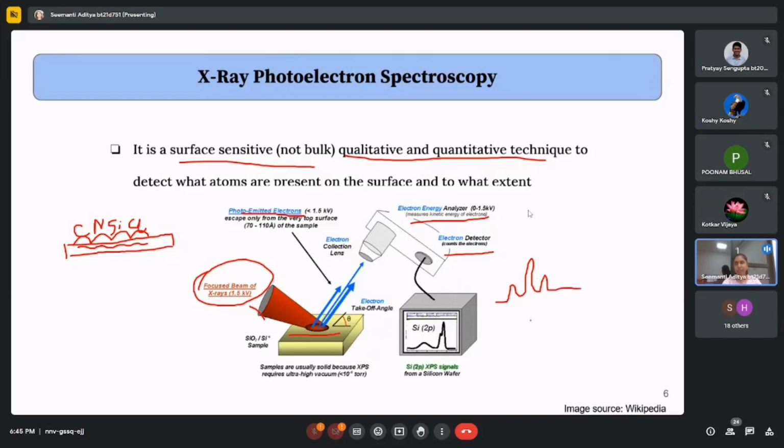These peaks are standard peaks for certain atoms. For example, oxygen will have a certain peak, nitrogen will have a certain peak, carbon will have a certain peak. So depending upon the peak nature, we can detect what our surface mainly consists of, and whether the surface has the desired atom that we want or not. So this technique is used to detect the atoms present on the surface and to what extent they are present.